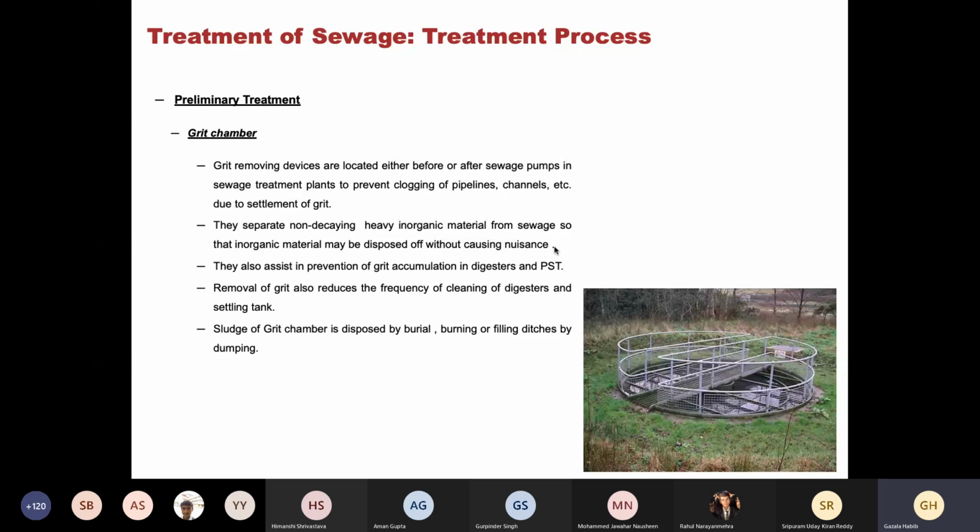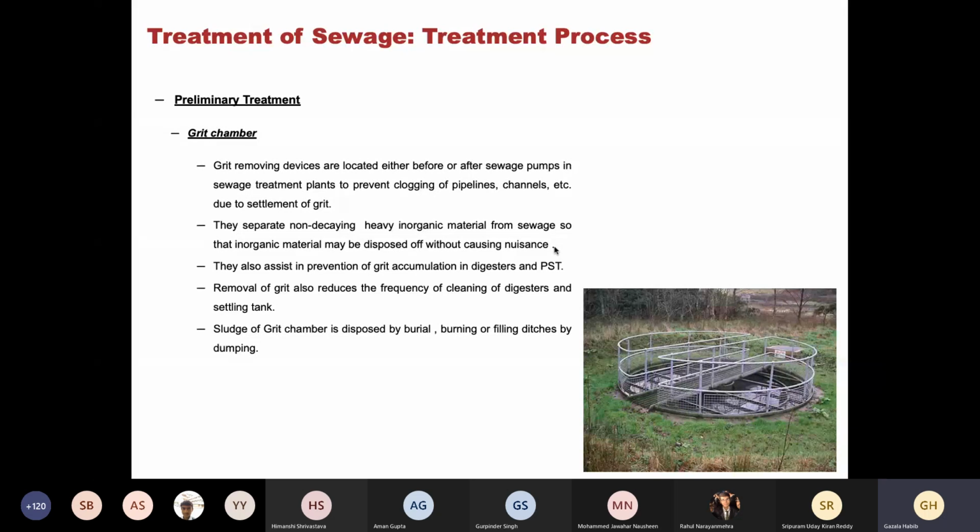However, if this inorganic solid has organic material which further decomposes after disposal, then we cannot dispose of it in any field, and some kind of treatment is required.